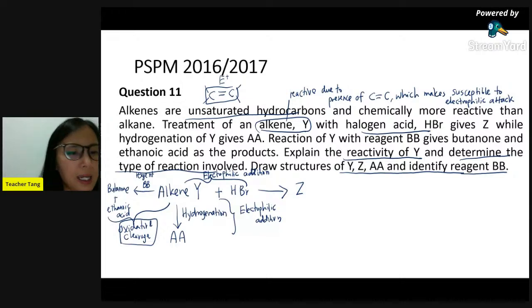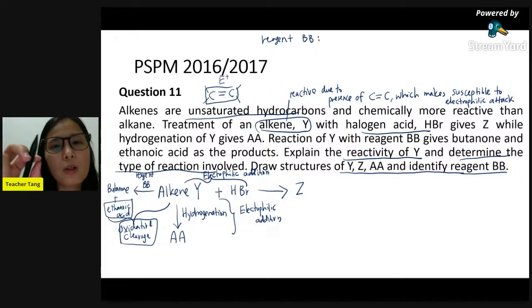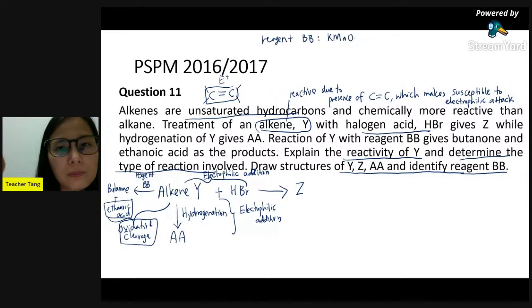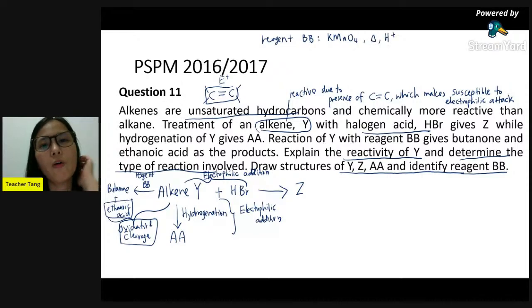Yang ni bagi kita ethanoic acid, so means that the reagent BB must be a strong oxidizing agent. Baru akan bagi kita carboxylic acid. So it must be hot acidified KMnO4. So hot kita guna triangle, acidified H+, KMnO4.